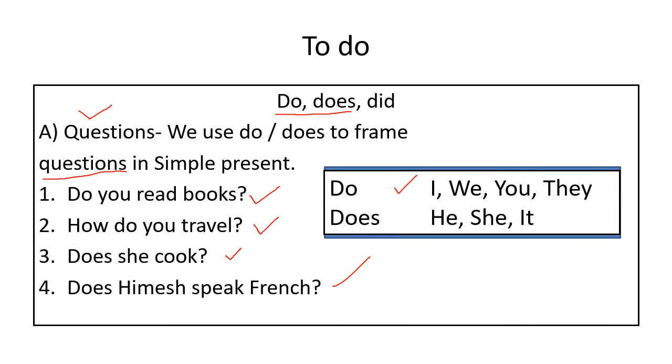And we make use of does when the subject is he, she, it, or any other singular subject. I hope the use of do and does to make questions in simple present is clear to you. Now let's move ahead.